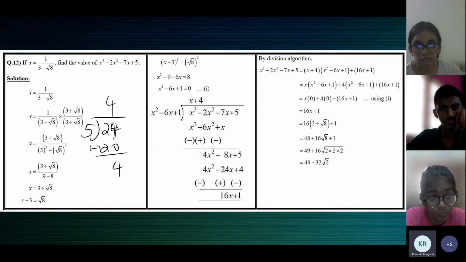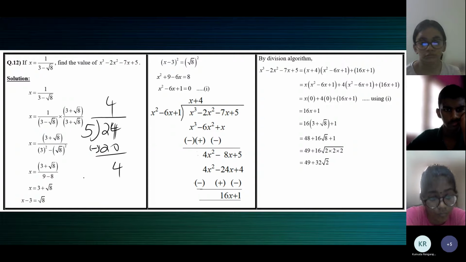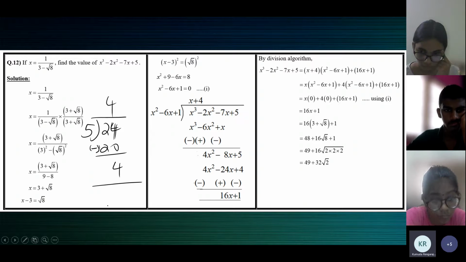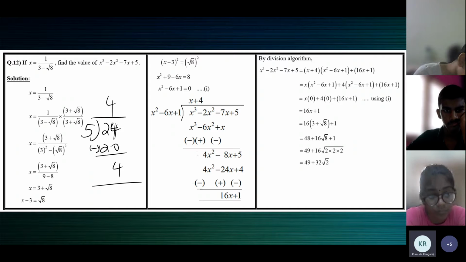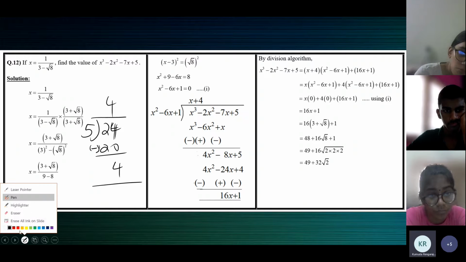Then that plus we change to minus. And 24 minus 20 is 4. We always subtract while dividing. So we always change the signs. It's not new. Whenever it's division, we subtract, and for subtracting, we always change the signs. So here a plus will become a minus, a minus will become a plus.